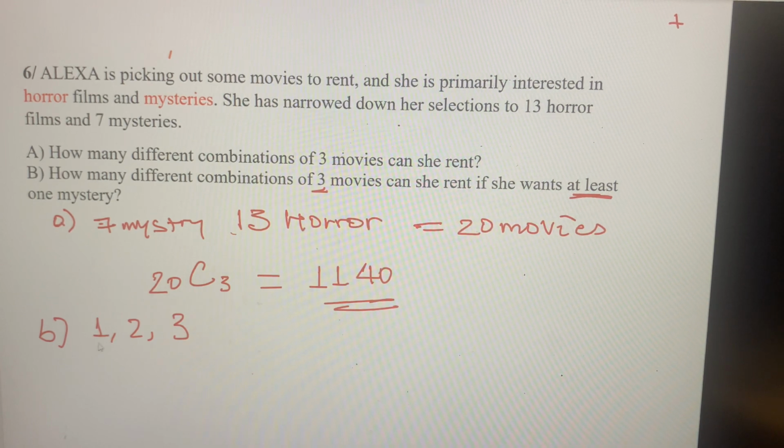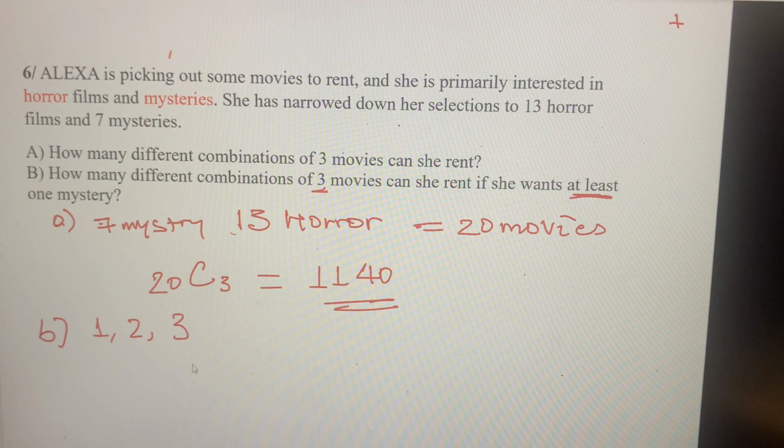Let's start from 1. Remember, she rents a total of 3. Let's say the mystery count is 1.